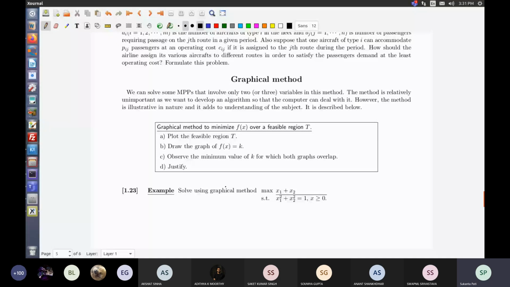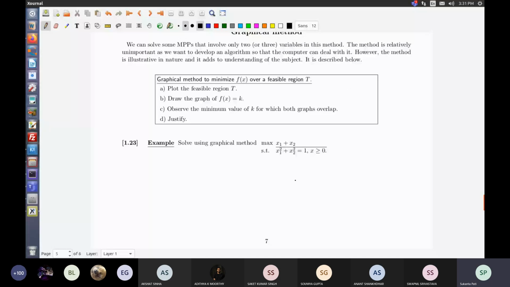Whenever somebody says solve this by graphical method, minimize f(x) over a feasible region T, you are first supposed to plot the feasible region. So in this example, I will first plot the feasible region.